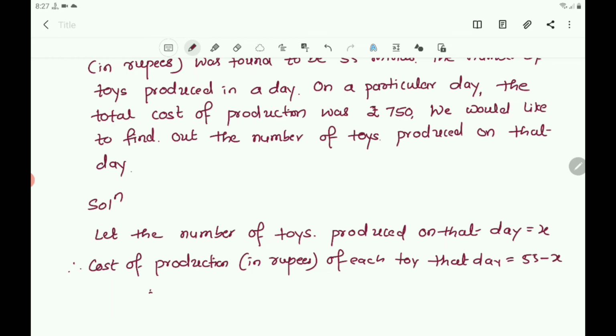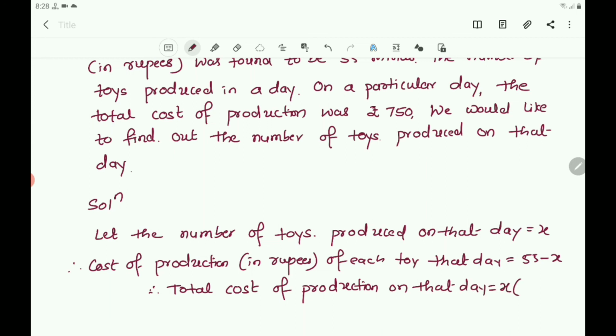Then the total cost of production. Therefore, total cost of production on that day equals what?